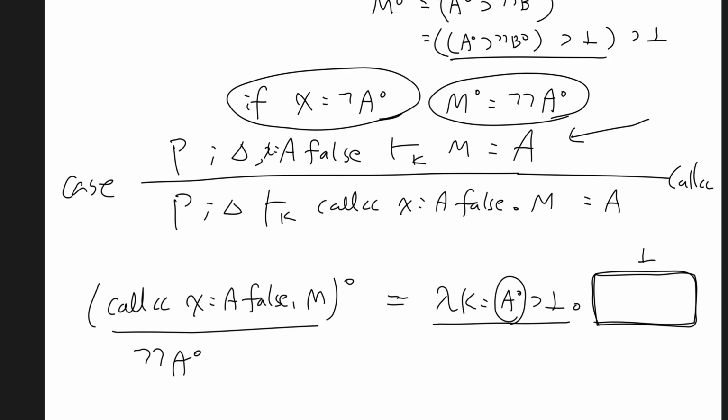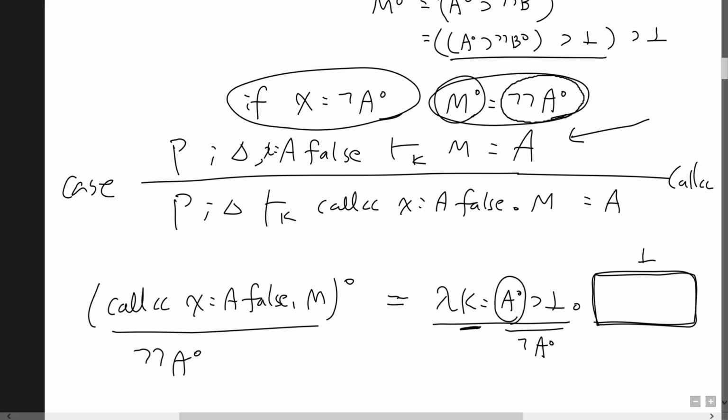So now we have this concrete continuation of the same type. So this is the type negation A circle. And M circle would have this type if x has type negation A circle. But we don't have x, but we have this concrete continuation K. So the plan now is we substitute K for x in M circle.